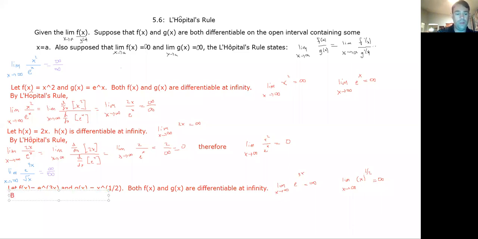So by L'Hopital's rule, I don't need too much room on this one because I got a feeling this one's going to work the first time for me.